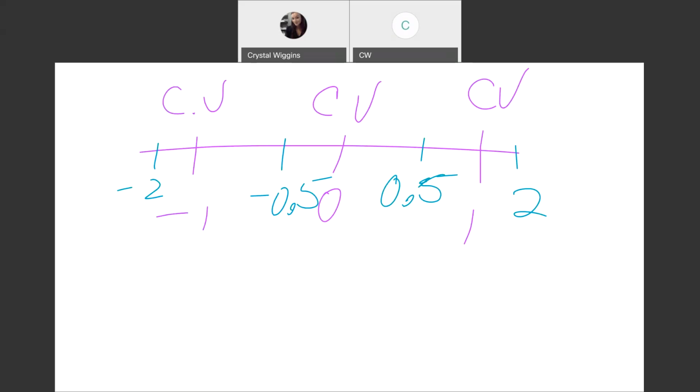So our test points that we've chosen, or I've chosen, and again, it's just a choice. You can pick any number that's in the intervals. Doesn't matter what you choose. I try to keep it as simple as possible. So let's now plug these into our derivative to determine positive or negative outcomes. So recall our derivative is 6x times x squared minus 1 squared.